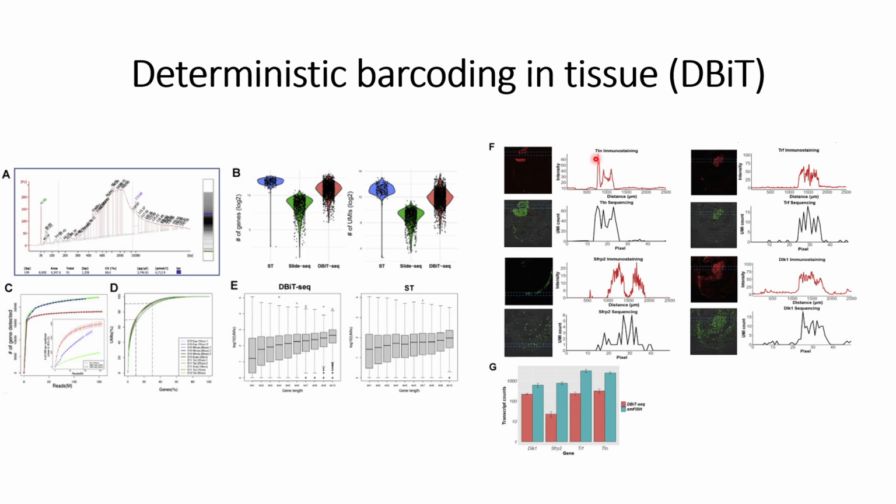First they stained TTN using immunostaining, and thereafter they analyzed TTN from DBiT, and they found that the TTN signals almost similarly overlap with the immunostaining, and when they quantified the results, they are almost similar.